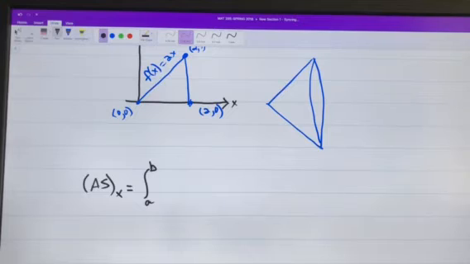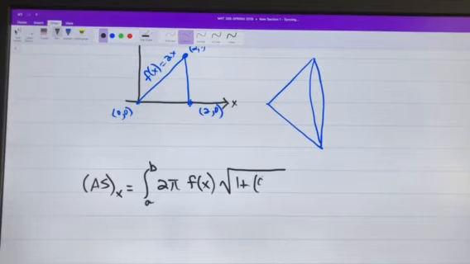So again, I have integrating from a to b, 2 pi times f of x times the square root of 1 plus the square of the derivative dy over dx.